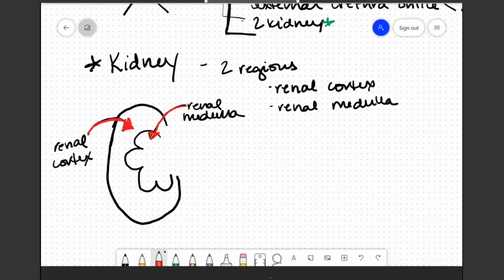So inside the medulla, what you're going to have is a couple other structures. You're going to have these things called renal medulla pyramids, and they will fit into these little structures, kind of like this. Pyramids, because they kind of have a triangle shape because they have to fit in this little spot. So these are going to be your renal medulla pyramids.